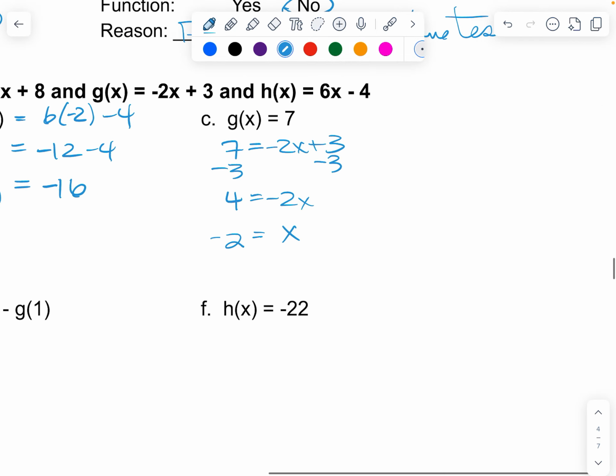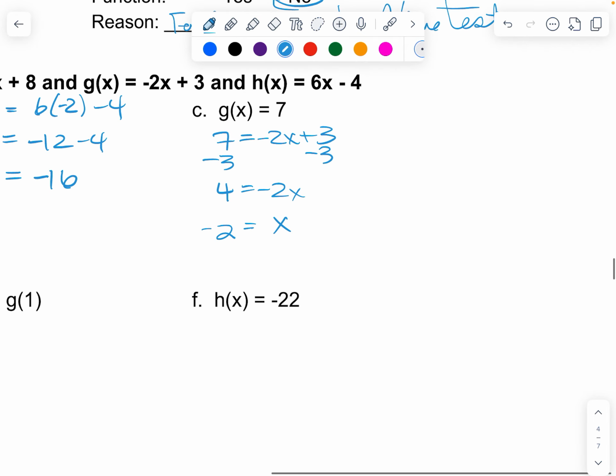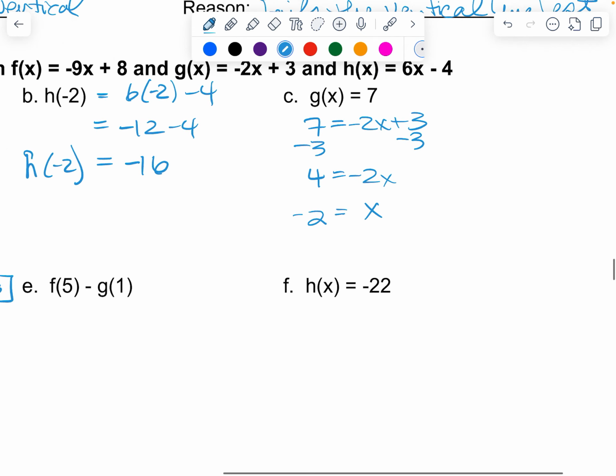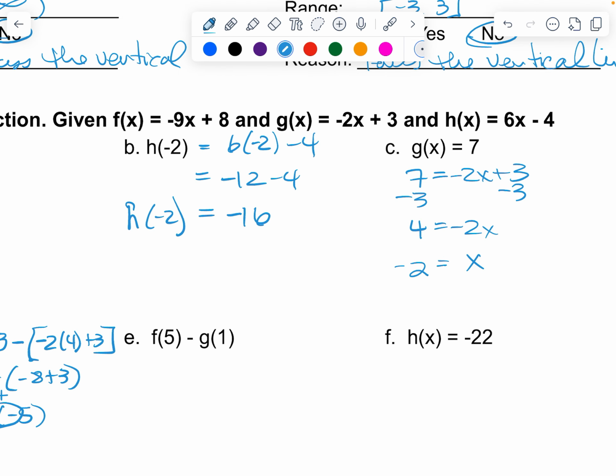And H. Did I plug that into the right one? I did. Okay, and so this is going to... Nope, I need to do this one. Okay, so F. So -9 times 5 plus 8 minus the quantity, -2 times 1 plus 3.